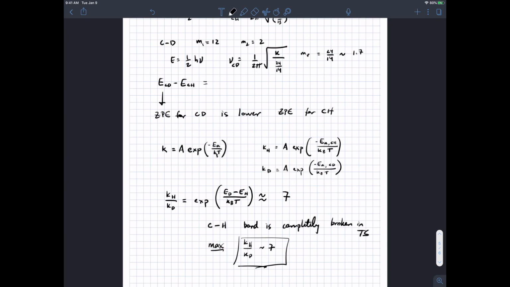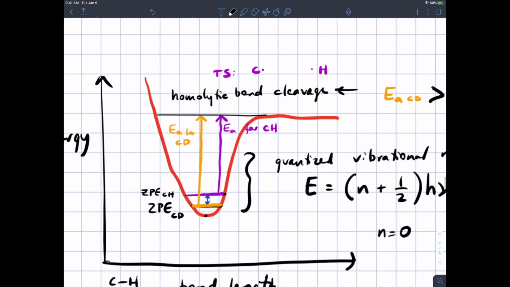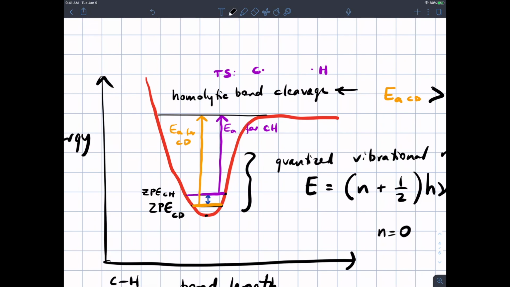Alternatively, you might observe that the ratio of the rate constants for hydrogen versus deuterium is 1, in which case you might conclude that bond isn't broken in the transition state. But it gets more complicated than that. What we can observe will depend on what the transition state is.